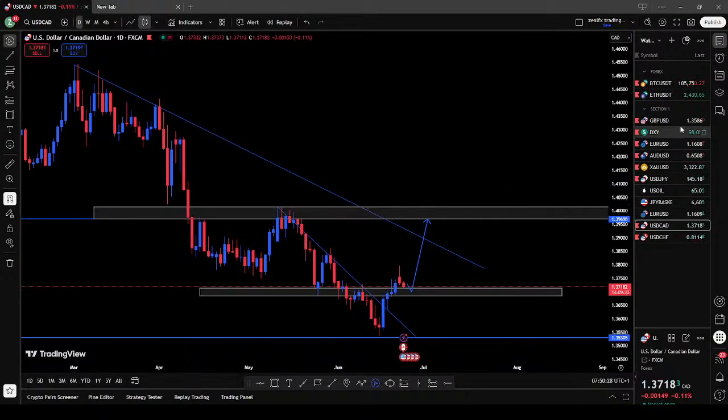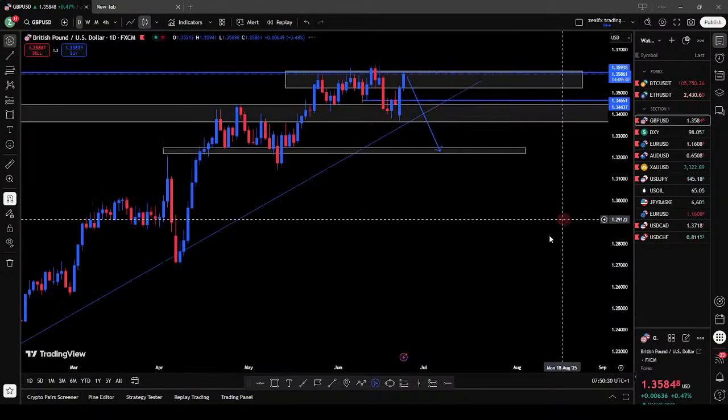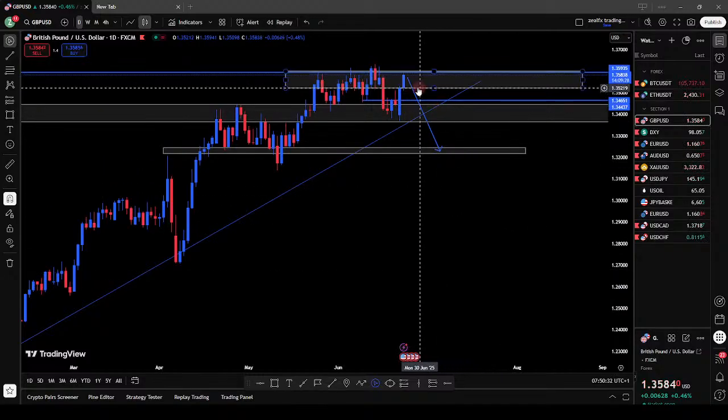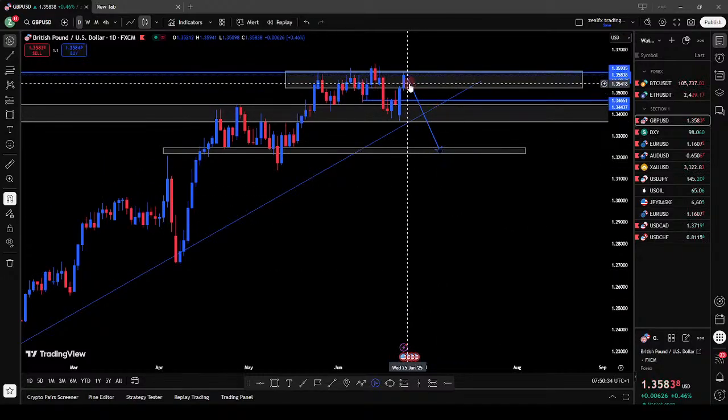So we also said we are expecting a sell opportunity on the pound. By the end of today's close, we might be seeing a sell opportunity on the pound. So just take note of all the pairs, analyze them, and take advantage of them.